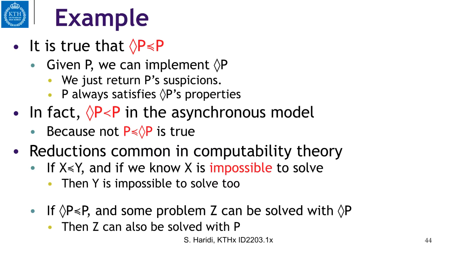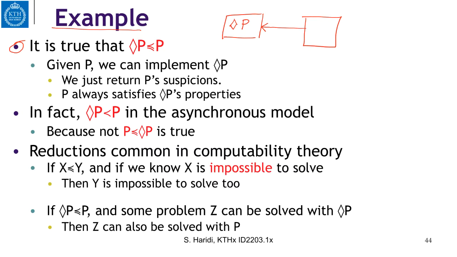Let's have some examples. First, it is true that diamond P, the eventual failure detector, is reducible to the perfect failure detector in the following sense.